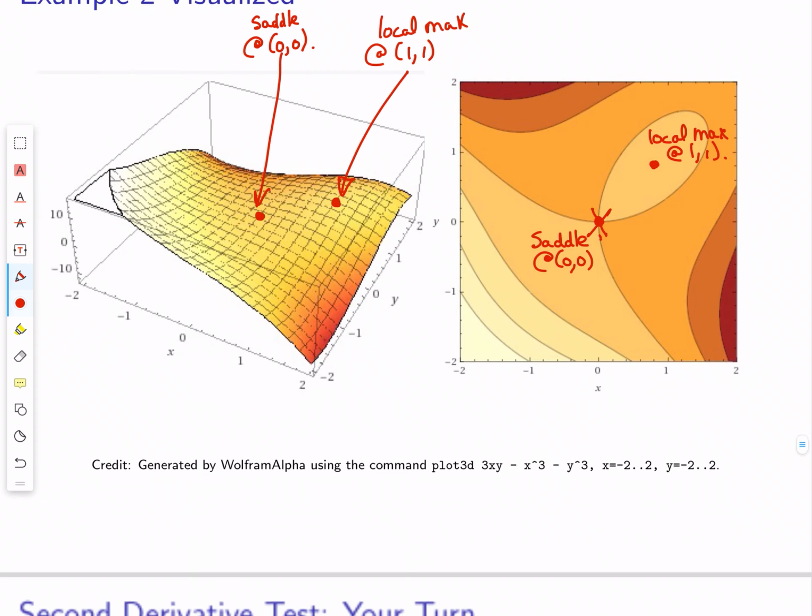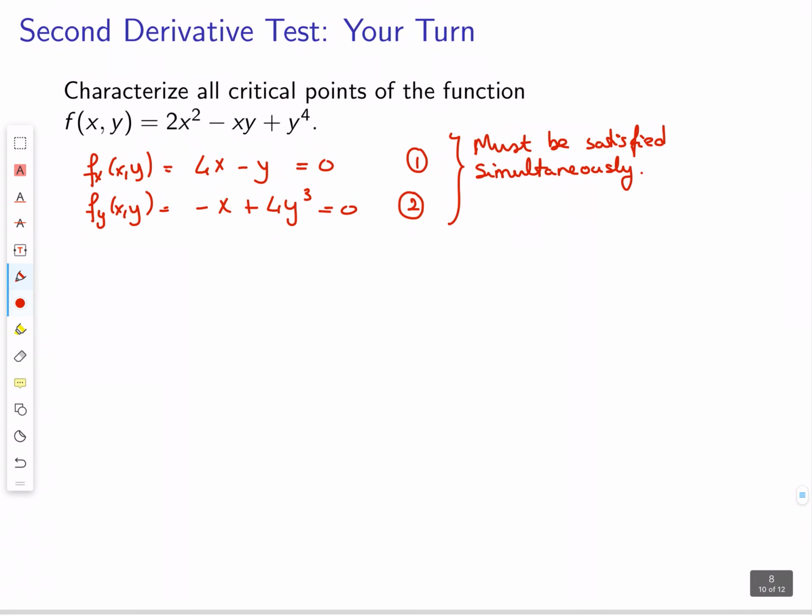All right. The third example, that one was the surface f of (x, y) equals 2x squared minus xy plus y to the fourth. In the first video, I left it to you to find the critical points, and some of you indicated that you wanted me to work through that.